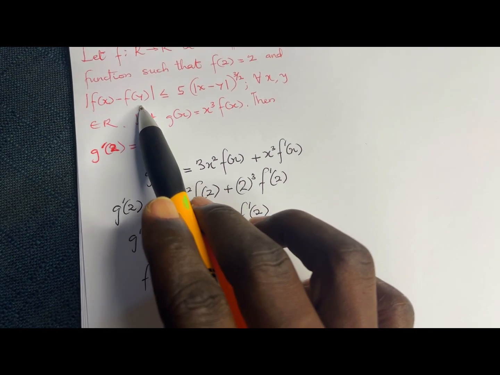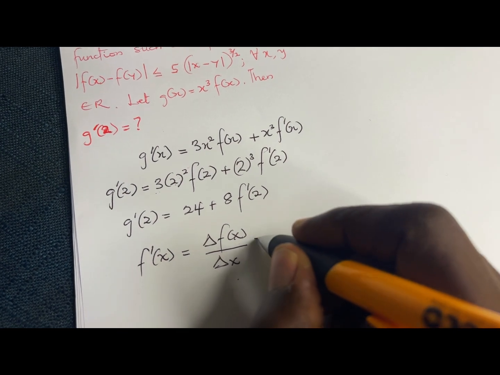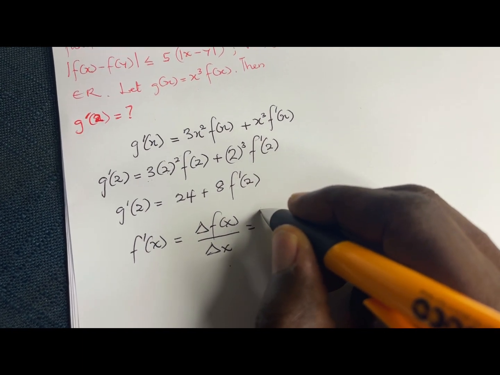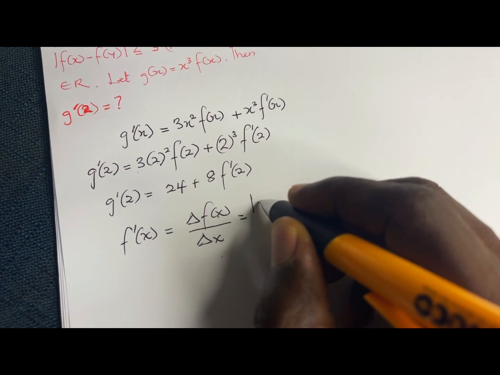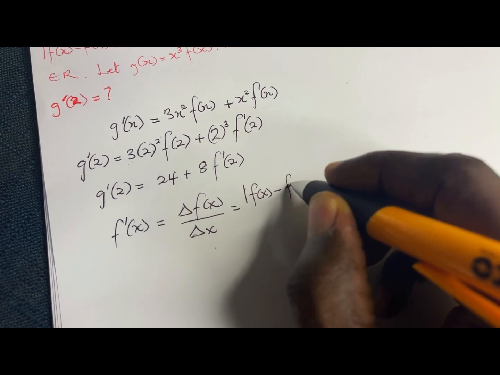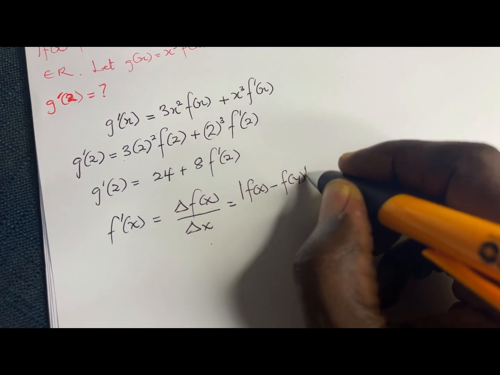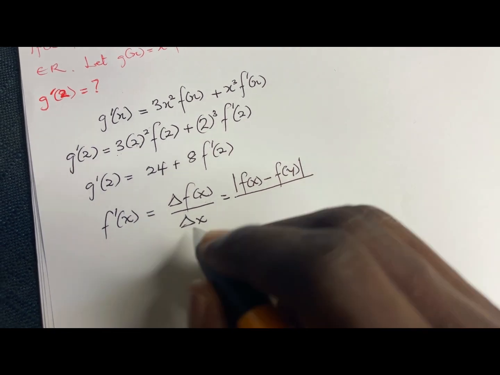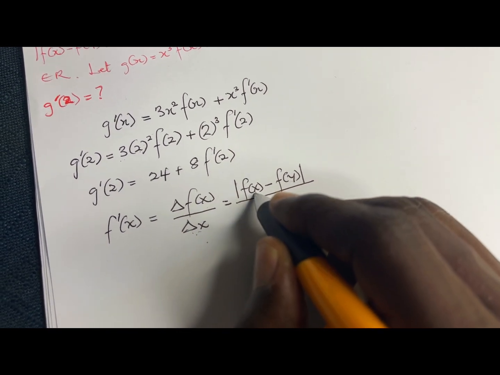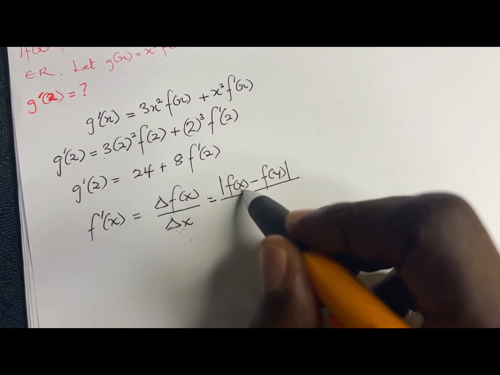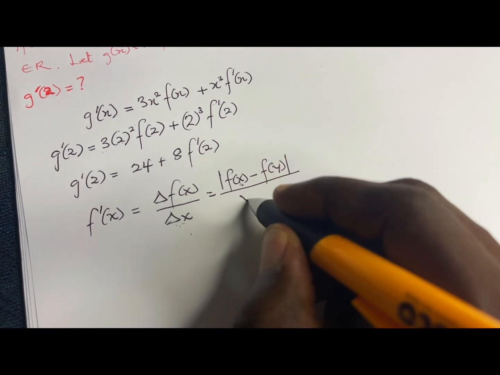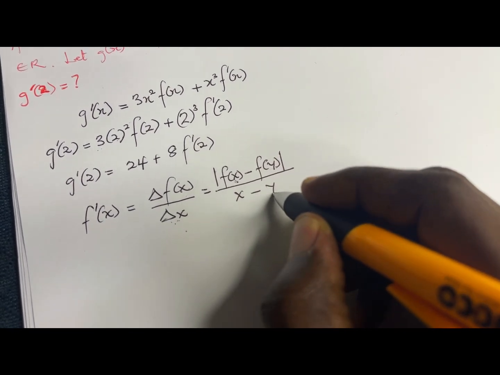So we will have the absolute value of f of x minus f of y, over the change in x. The x is the independent variable, the one in the bracket, so that means we'll have the absolute value of x minus y.